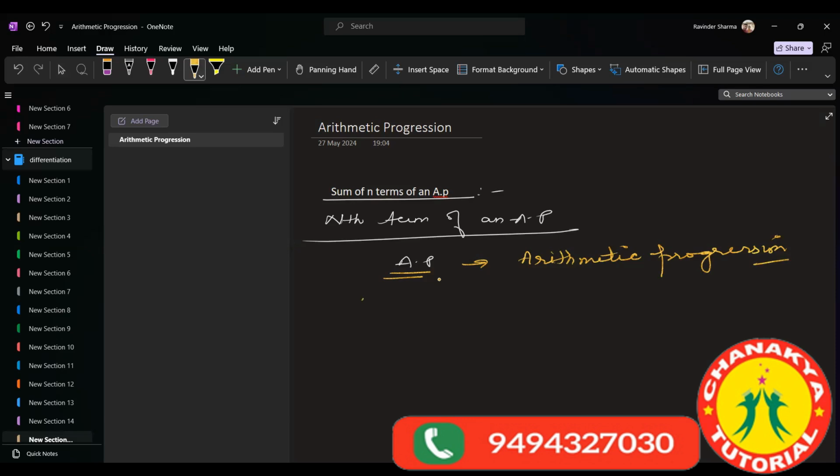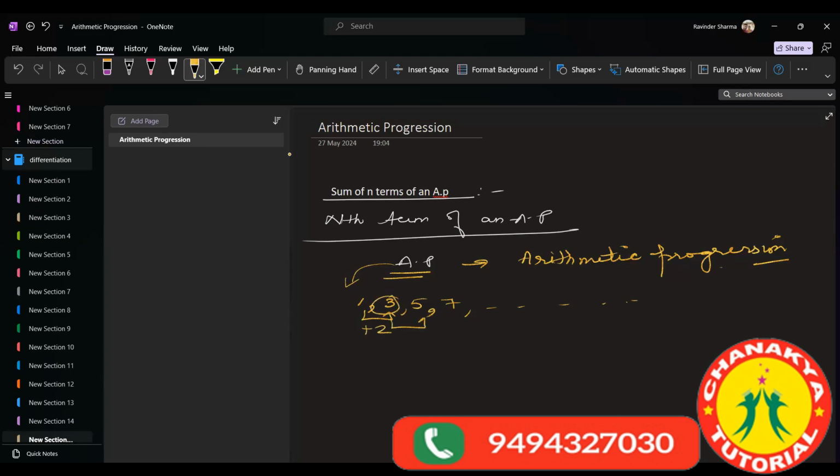See, beta, if you have a series 1, 3, 5, 7, this kind of pattern, how can you identify this is an AP? AP means arithmetic progression. So you will just check the common difference. When you add 2 to 1, you get 3.